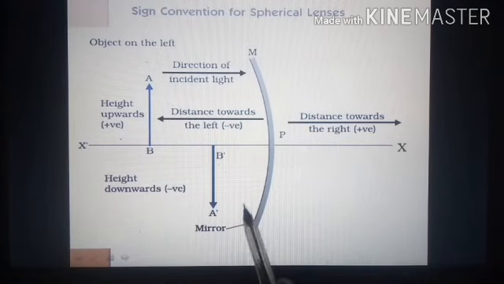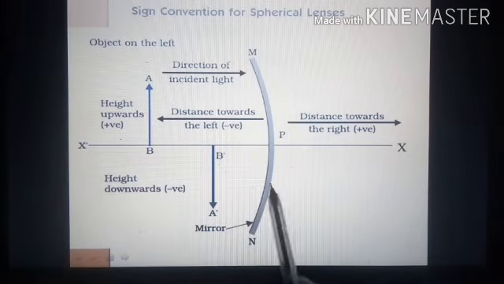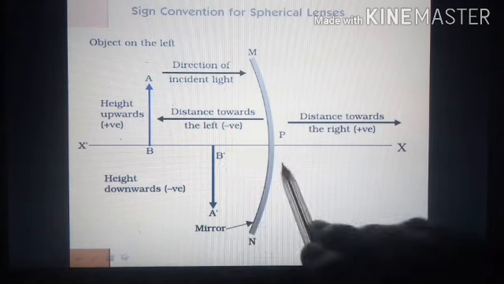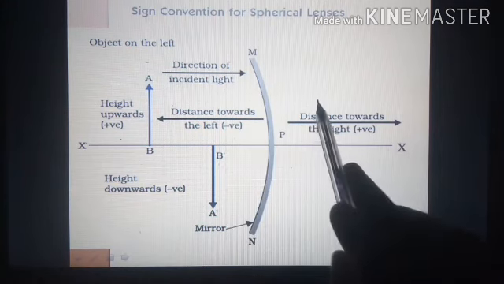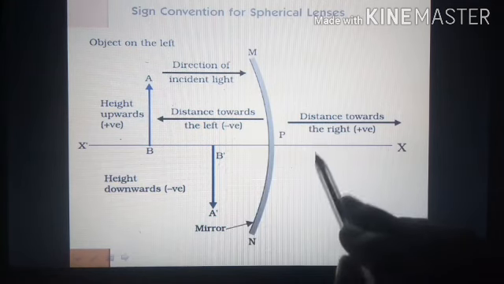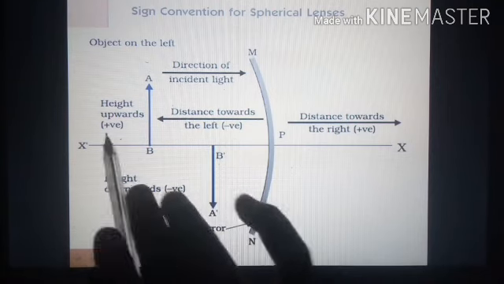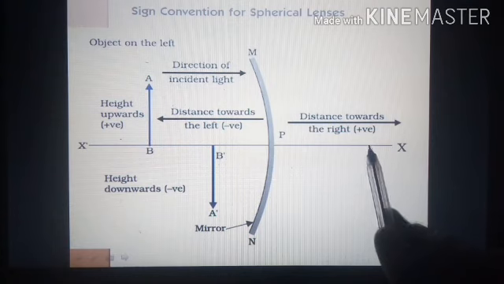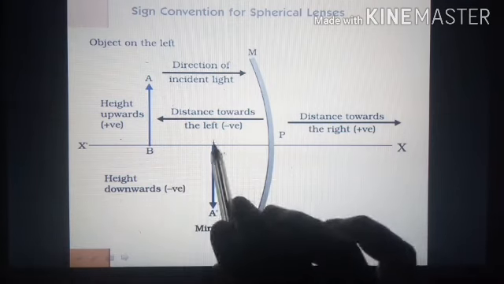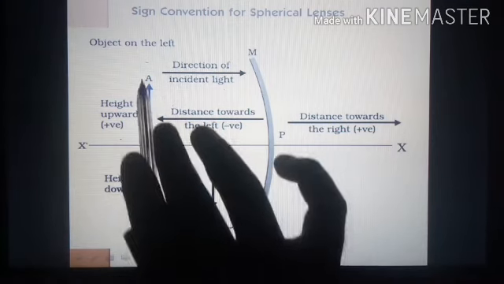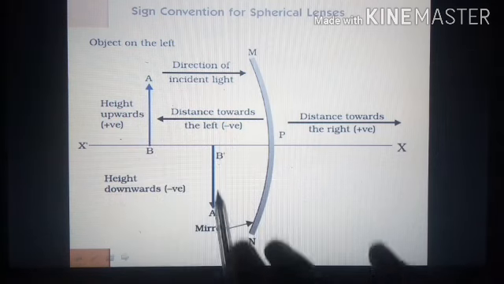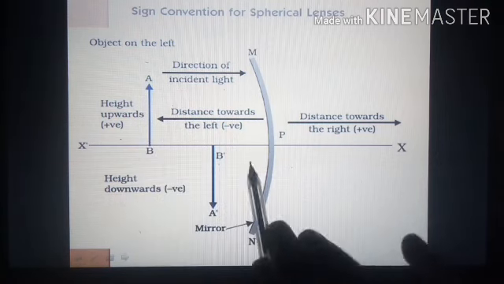Next, sign convention for spherical lenses. For sign convention, we know u is the object distance, v is the image distance, h is the object height, h dash is the image height, and f is the focal length.